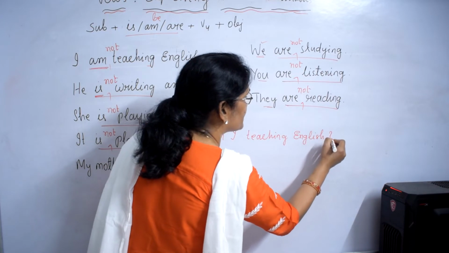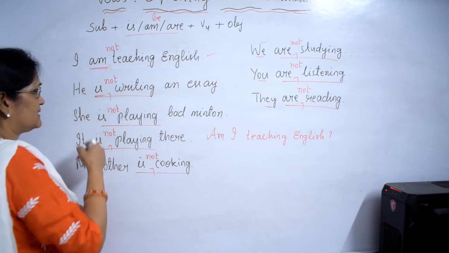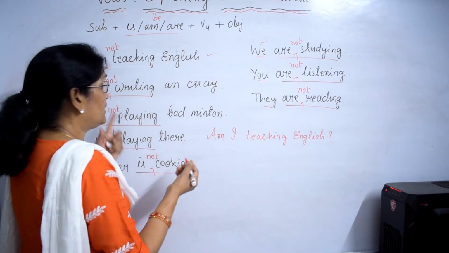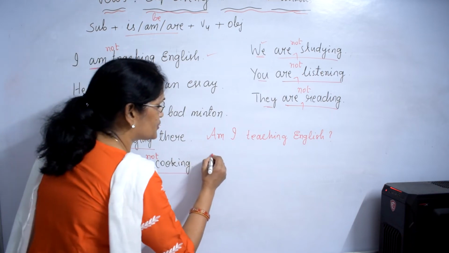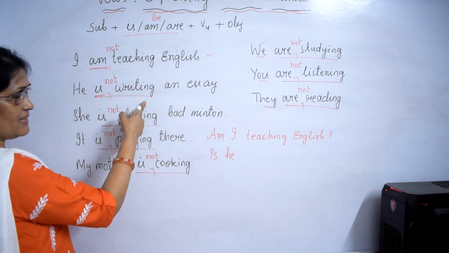This is an interrogative sentence. Okay? Then where you use is: he is writing an essay. Change the sentence into interrogative. You bring the auxiliary verb to the front. Is he writing an essay?